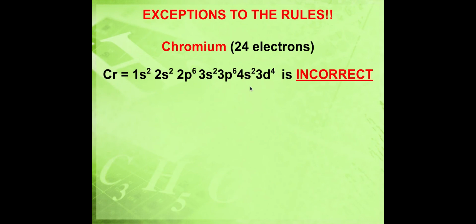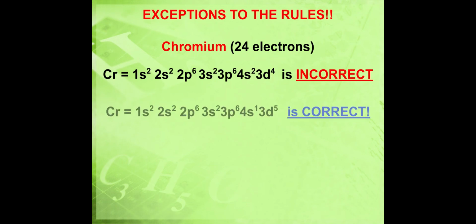So these electrons will rearrange in such a way that they achieve maximum stability. What happens is the S will give 1 electron out of these 2 to the D. When it does that, notice what happens. It is going to make the D half full and the S half full.